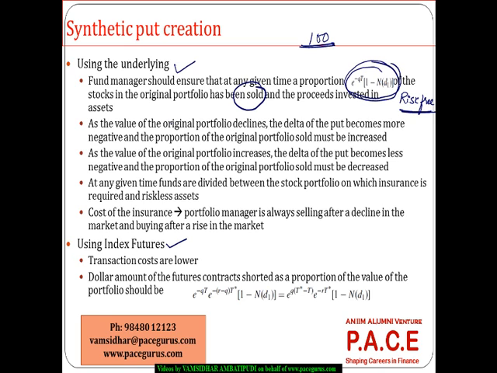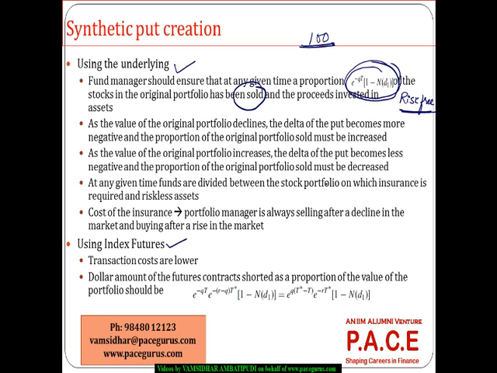As the value of the original portfolio declines, the delta of the put becomes more and more negative, which means the proportion of the portfolio sold is increasing. Again, once the original portfolio value increases, the delta becomes less negative, so the proportion sold must decrease. So I can alter the position on a regular basis depending on whether the value of the original portfolio is increasing or decreasing.